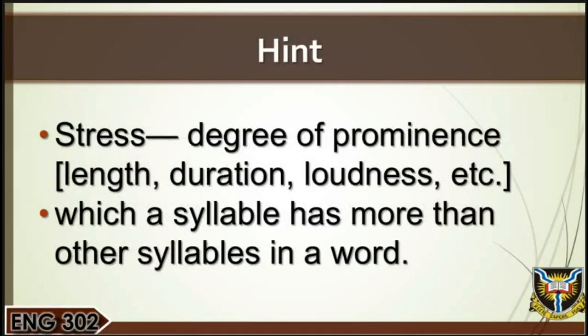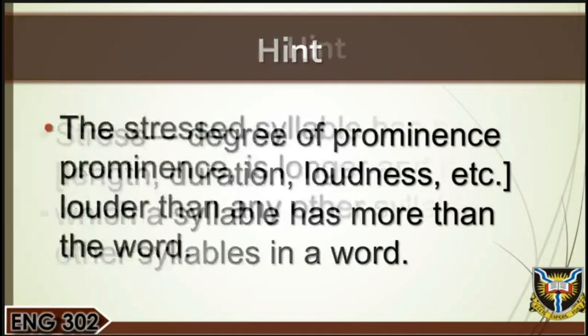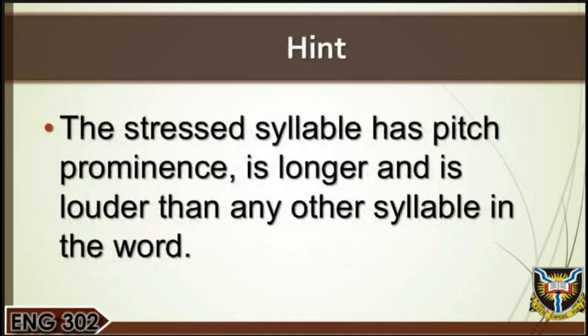This is called pitch prominence. Another cue is that a stressed syllable must be longer than all other syllables in the word. This is called duration. Another cue is loudness. A stressed syllable should be louder than any other syllable in the word.